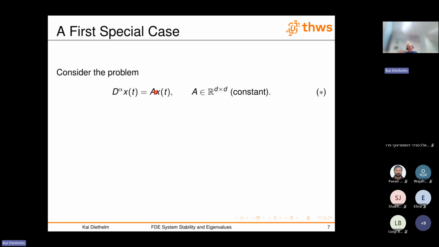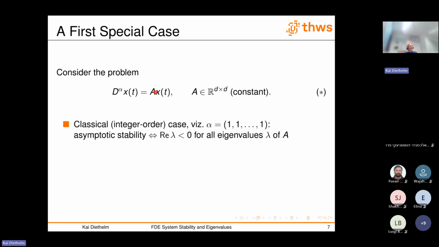And we know very well what the stability properties of this system are in the classical case, in the integer order case. So that means when all differential operators have order 1. In that case, we know we have asymptotic stability if all eigenvalues lambda of the coefficient matrix A reside in the open left half of the complex plane. Or in other words, if for all eigenvalues, the real part is negative.